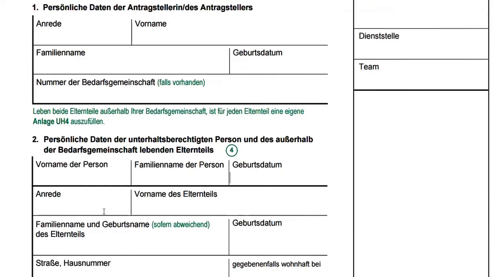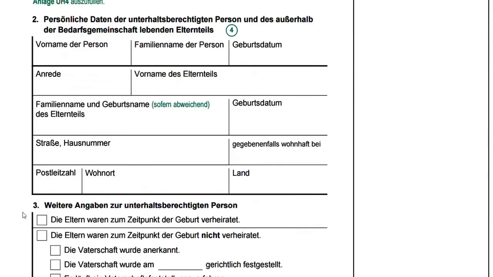And in this part, you write the details about the father or mother of this person who is not living with this person together in the family. Here you write the title of the father or mother of this person. If that is the father of this person, you write Herr.